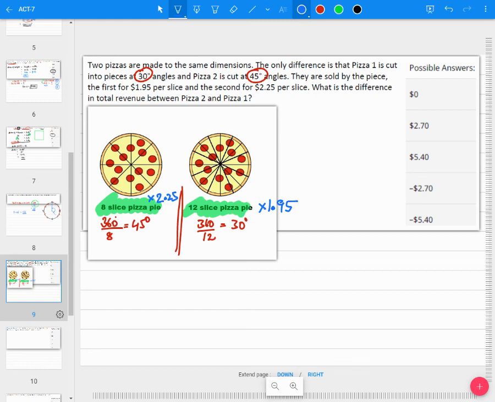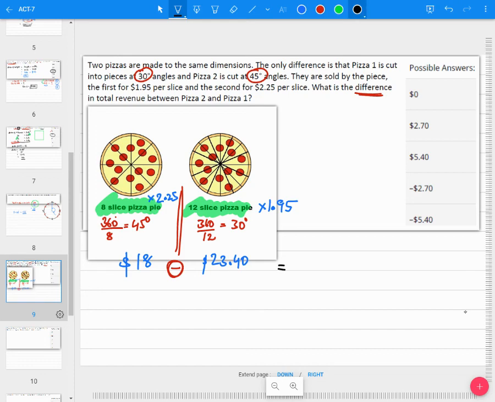So let me quickly compute. 8 times 2.25 gives me $18 here, and 12 times 1.95 is $23.40. What is the difference between these two? Difference means you subtract and see the result.